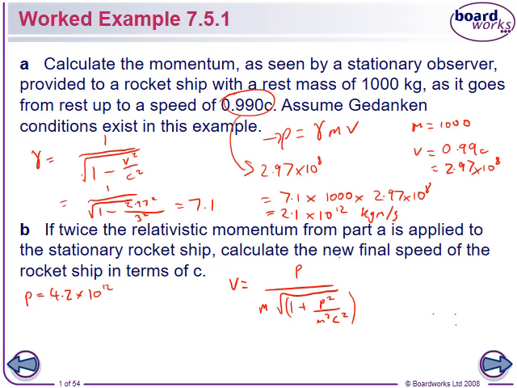If you can work it out step by step, which I've just done, you should get something about right, which is I get 2.99 times 10 to the 8 for our v.